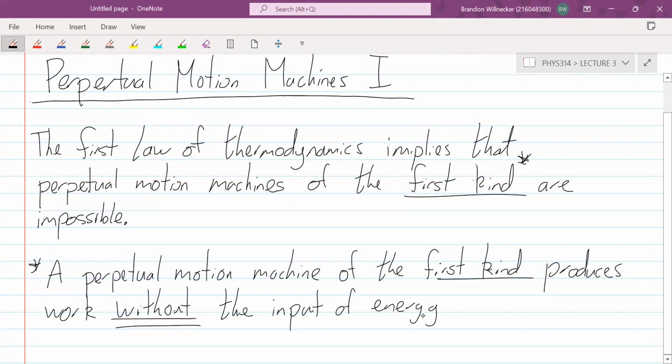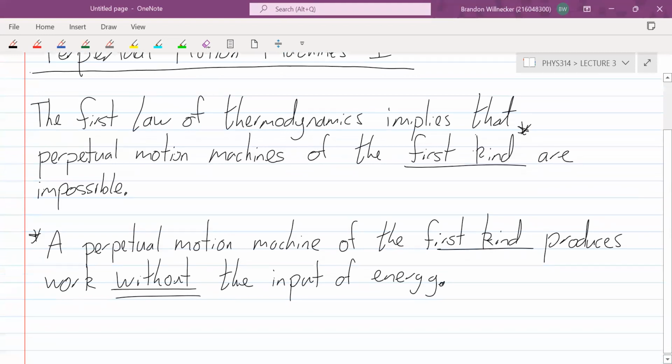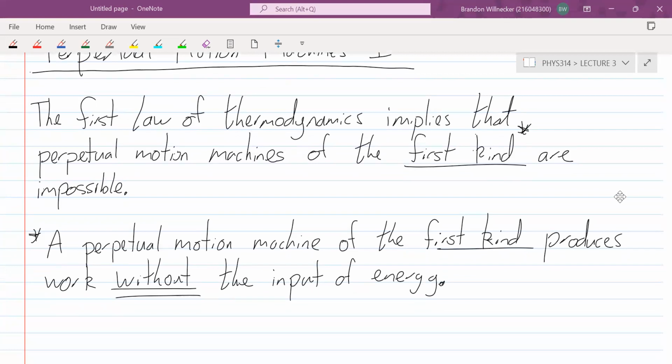Okay, so work is being done without some input of energy. It just does work by itself. Okay, so that's what it means to be a perpetual motion machine of the first kind.